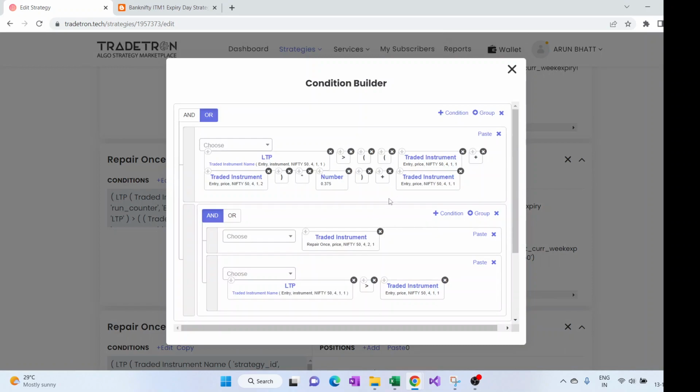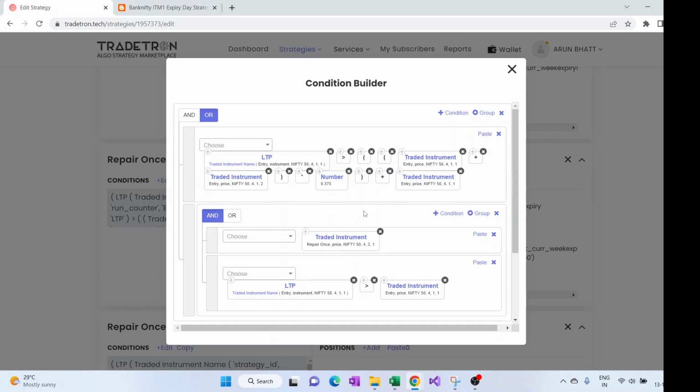This is the difference. In Nifty, the premiums of CE and PE might be different, meaning one might be 50, the other might be 30. So what I have done is, instead of 75% on both sides, I have taken the combined premium, and I am taking 37.5%, which is half of 75% on each leg.